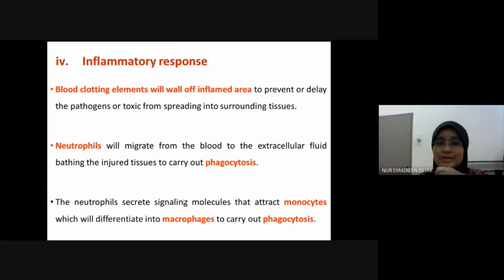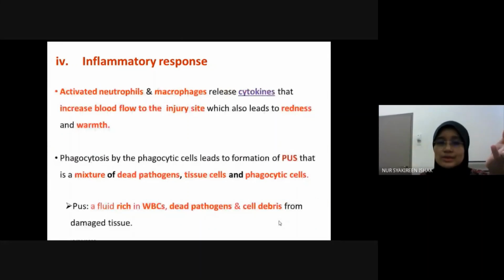So the neutrophil secretes another signaling molecule that will attract monocytes which will differentiate into macrophage to carry out phagocytosis.